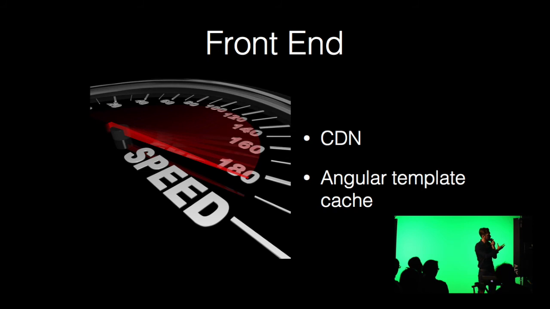If we throw all this stuff onto a CDN, every file on our front end will be served from the closest server to you, which will reduce the time spent in network requests dramatically. We also can look into Angular template cache to load all the templates at once, since it's already in the CDN, so Angular doesn't get more templates from the backend.